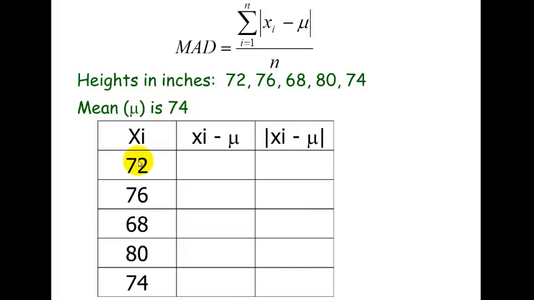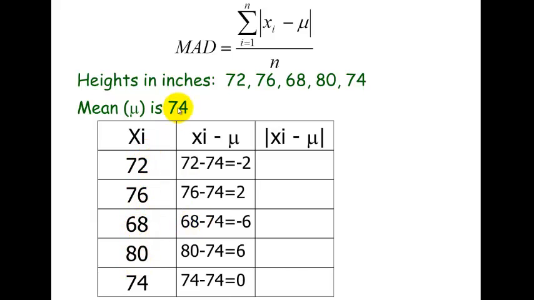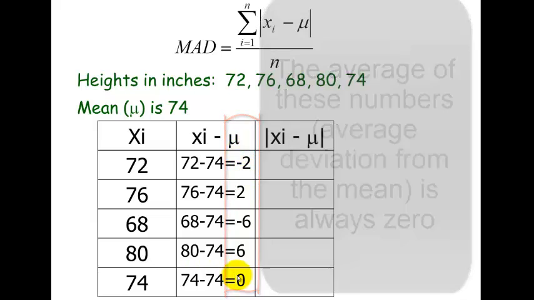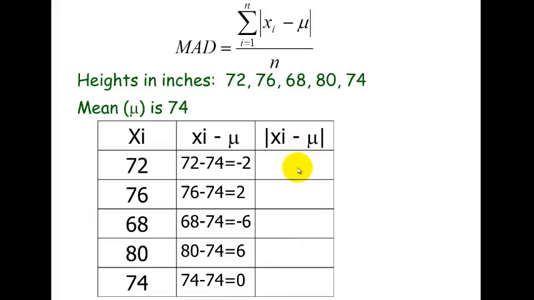Next, we have to subtract our 74 from each of the numbers. So we'll have 72 minus the mean, 76 minus the mean. We get the difference. Now, take the absolute value of each of the differences.